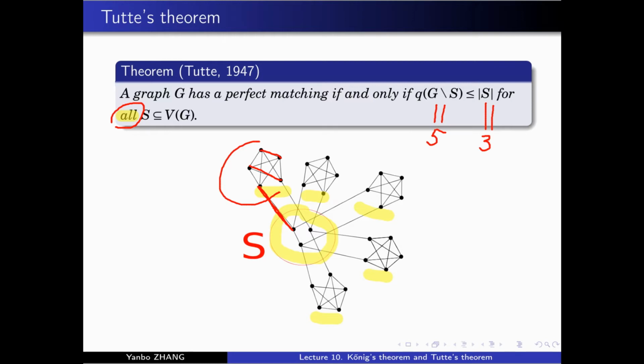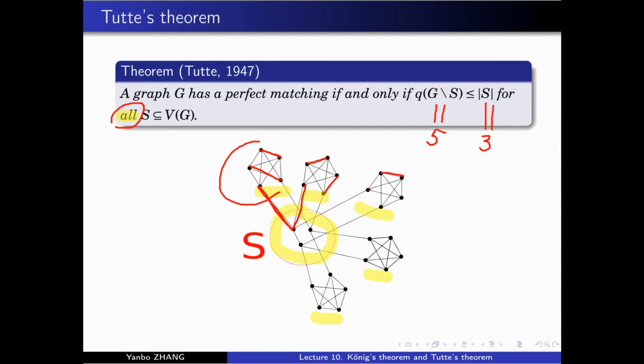For the same reason, a matching in this component can cover at most 4 vertices, so we need to send an edge to S to get a perfect matching.